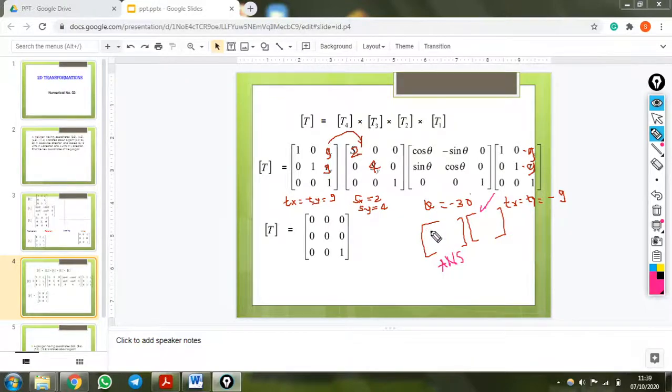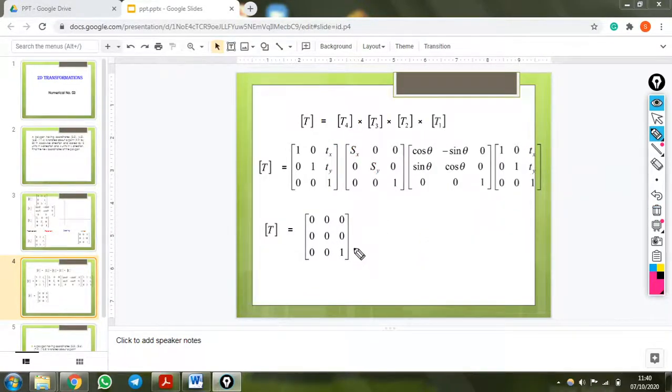Calculator is not there, otherwise I would show you that function, but it is like this, Mat Ans. I'm not exactly sure, but the Mat Ans function stores the result of the previous matrix multiplication. So you can multiply Mat Ans into the next entered matrix so that you will get the final answer. I will erase this. The final answer, after doing the calculation, you can try on your own.